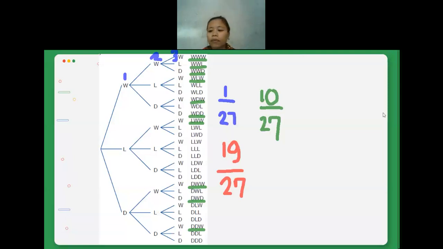Okay, Marvel. What's the question again, teacher? Yeah, the question is to calculate the probability that the team either draws or loses all three games. So it can be draws or it can be loses all three games.